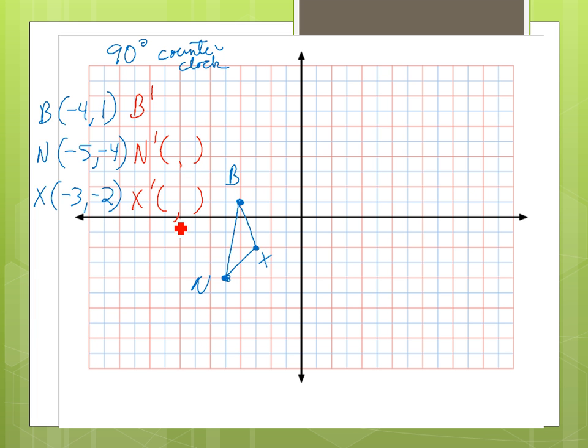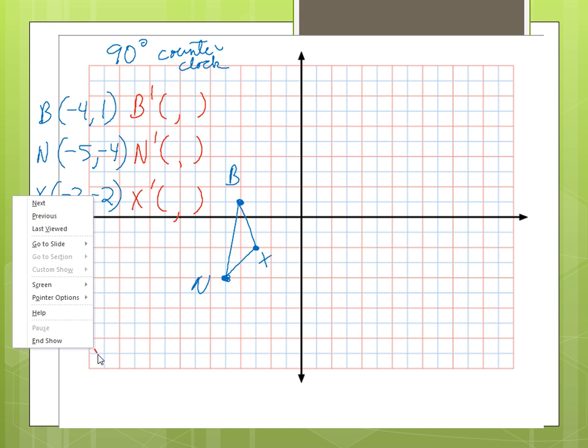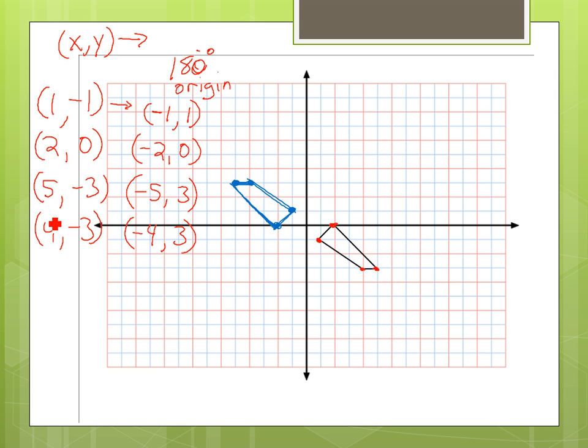The points here are probably going to be in the way. I wrote them, should have written them somewhere else. Remember the rule for 90 degrees clockwise? Let's go back and look at the rule.